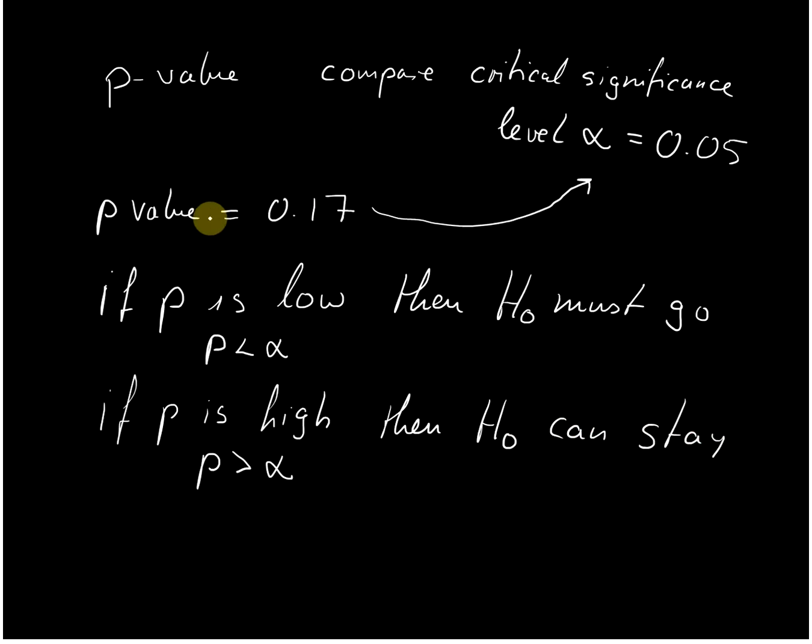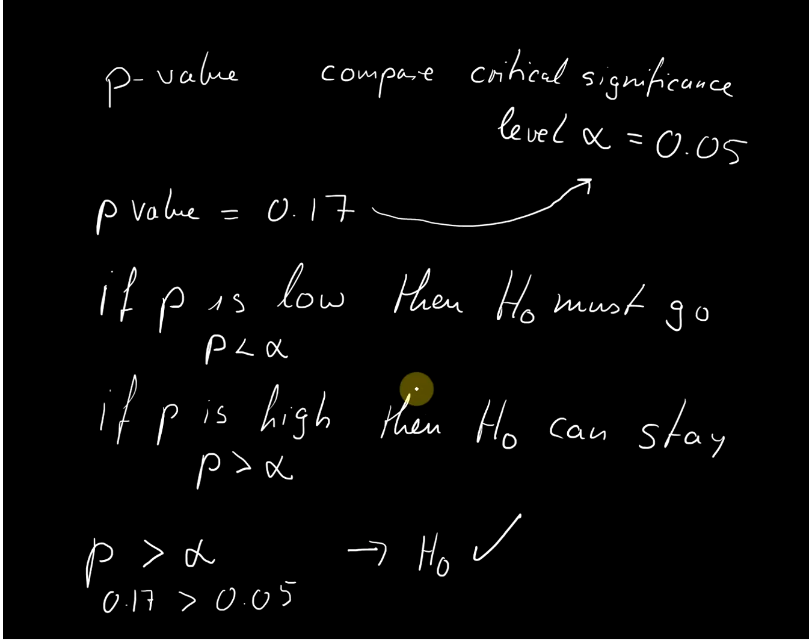So in our example here, the p-value is larger than alpha, so 0.17 is larger than 0.05, and therefore our H naught can be accepted.